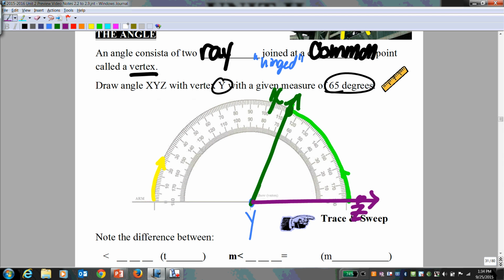So an angle XYZ, you always trace and sweep. In that order, let's trace and sweep X to Y to Z. And in this case, its measure is 65 degrees. Y would be the vertex.